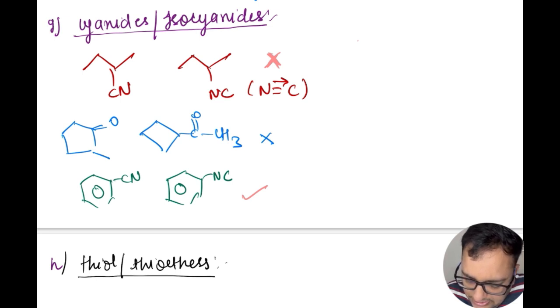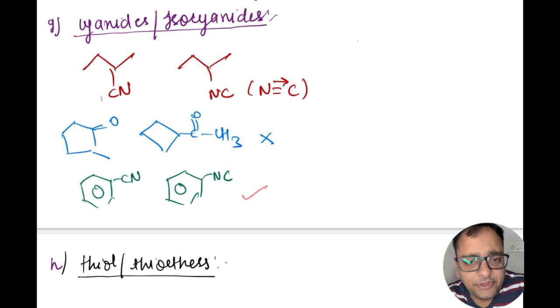Because the carbon chain is 1, 2, 3, 4, but here the carbon chain is not the same. Wait, this is not a functional group isomer, because again we don't have to take the carbon chain. But yes, wait a second. How could it not be a functional group isomer? It could be a functional group isomer.